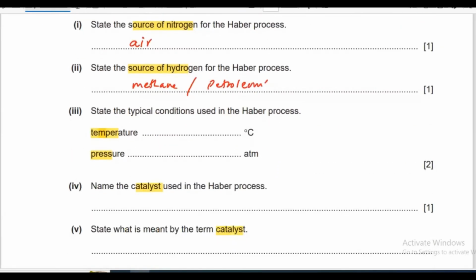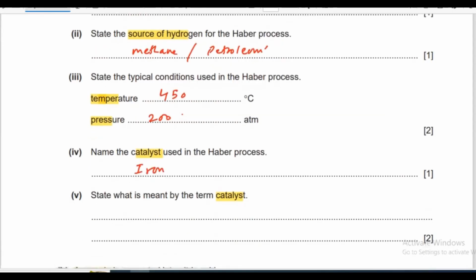Then there are certain conditions for the Haber process. Temperature must be 450 degrees Celsius and pressure 200 atmospheres. And iron is the catalyst used in the Haber process.